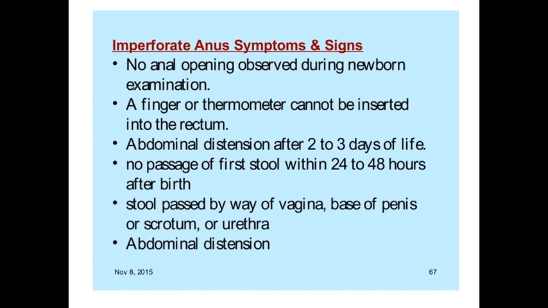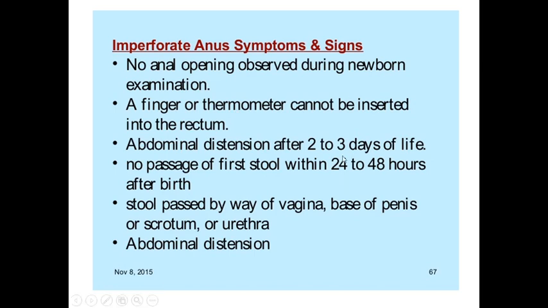So these are the signs and symptoms. When you do the physical examination of the newborn, you will see that there is no anal opening, and even if there is any anal opening, it will be too small, through which you cannot insert a thermometer. Then the baby will not pass meconium, that is, the baby will not pass stools within the first 24 to 48 hours, within the first 2 days.